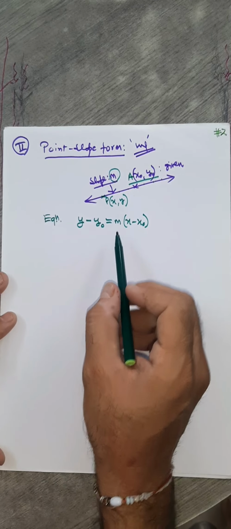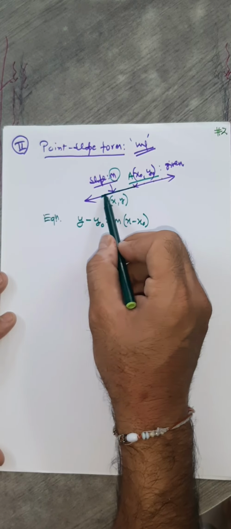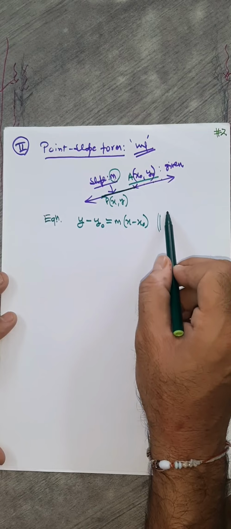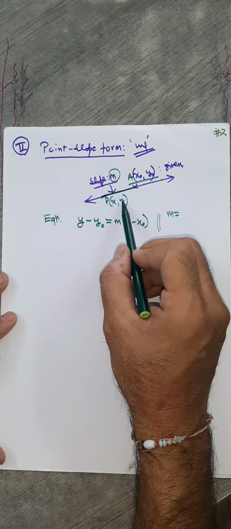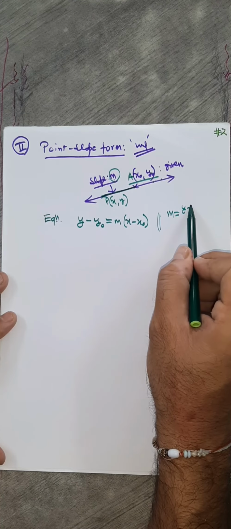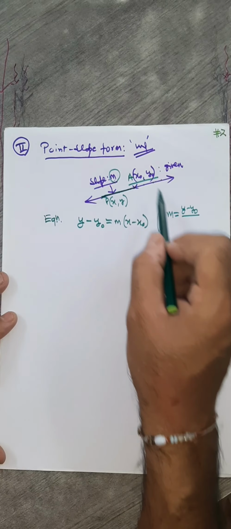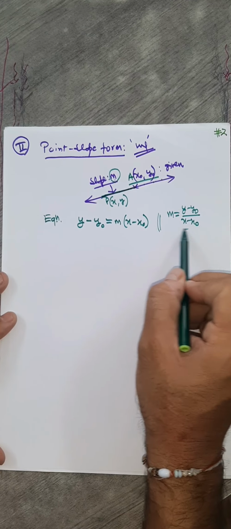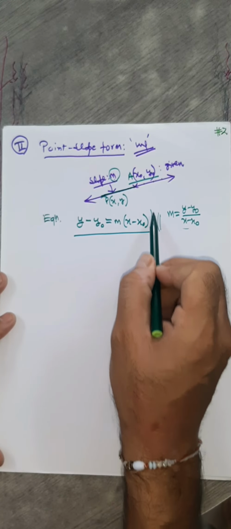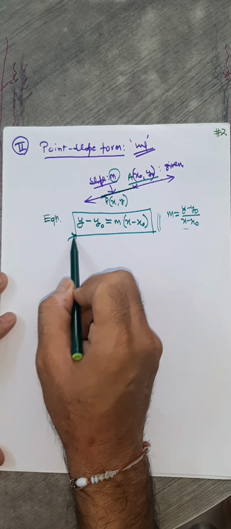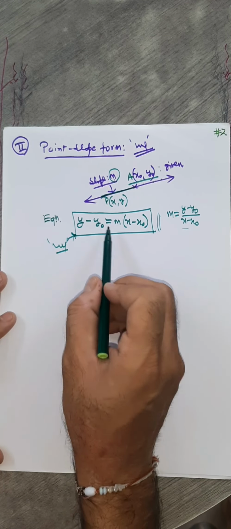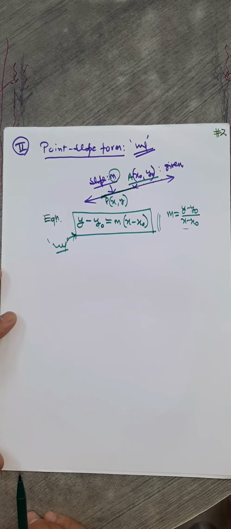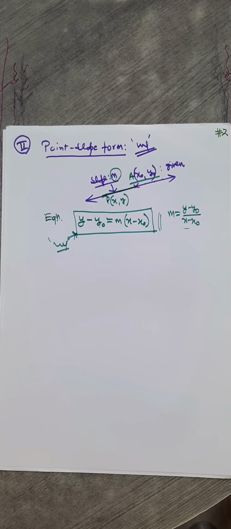Slope is also given to you. Or just use two points and get the slope: m equals y2 minus y1 upon x2 minus x1. Just put it over here and we get this form. Which form? A very important form, remember: point slope form. Point and slope you are given. y minus y0 equals slope into x minus x0.